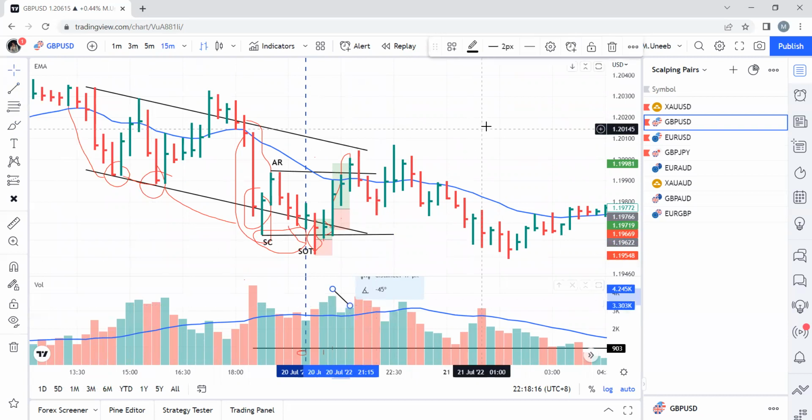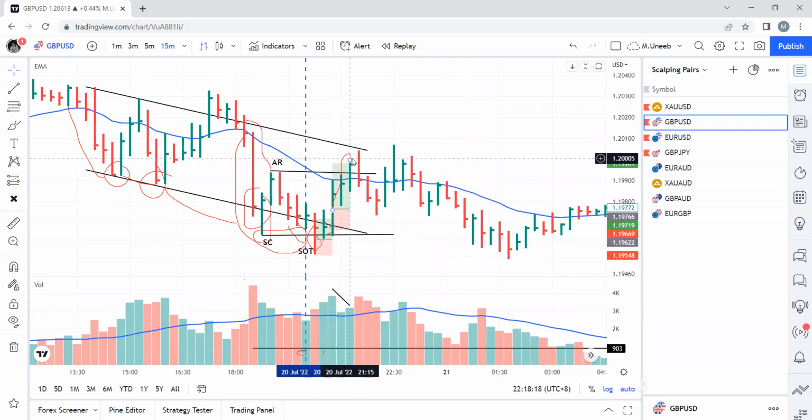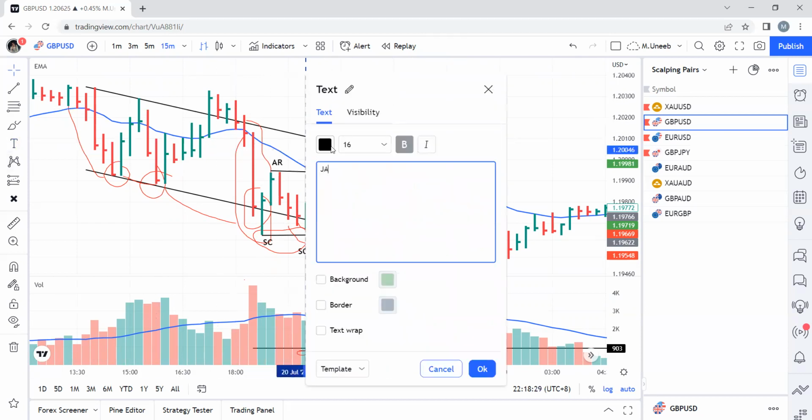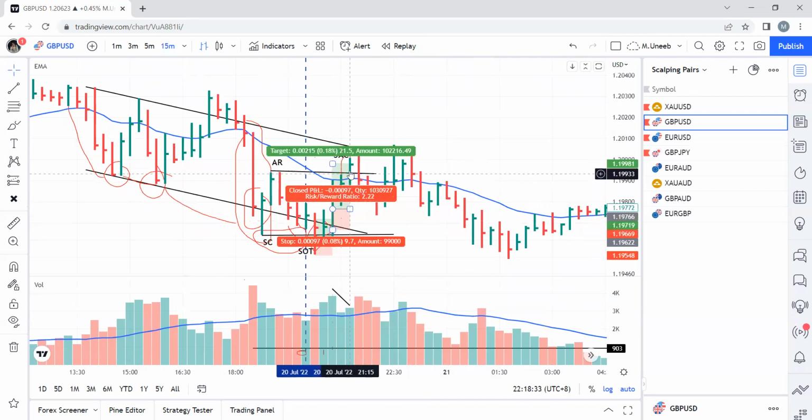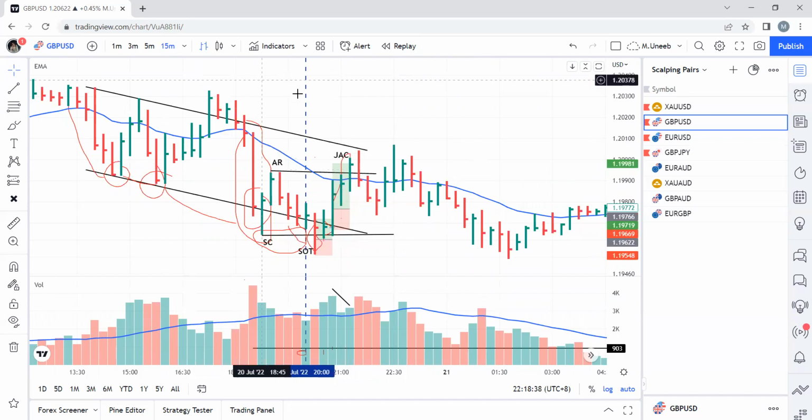Is this a true AR? Is this a true jump across the creek? Because I told you that volume must also increase during AR, during jump across the creek, right? So during jump across the creek, is the volume increasing? Is the spread increasing? Spread and volume both are decreasing. What does this show you? It's not a true jump across the creek. The price is failing over here. And what do we see now here?